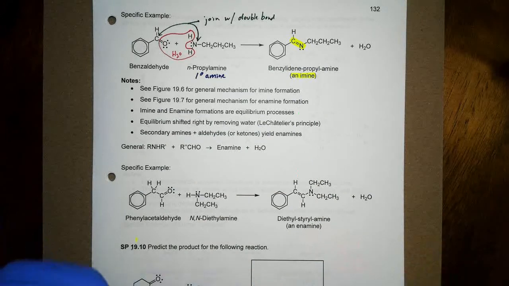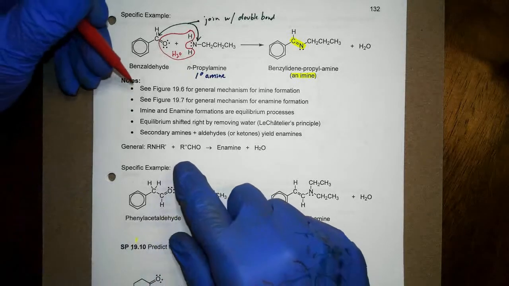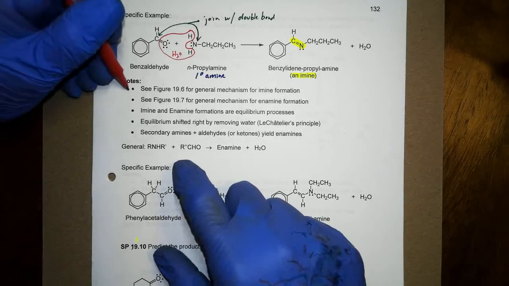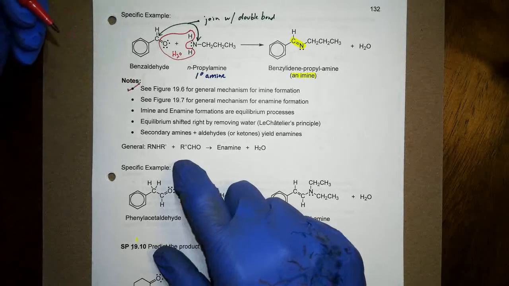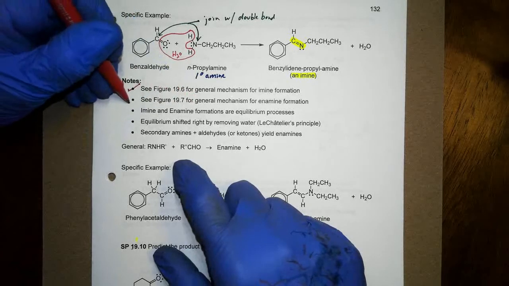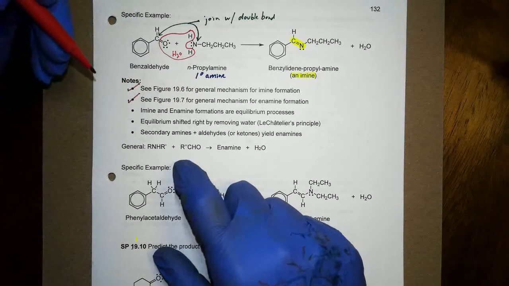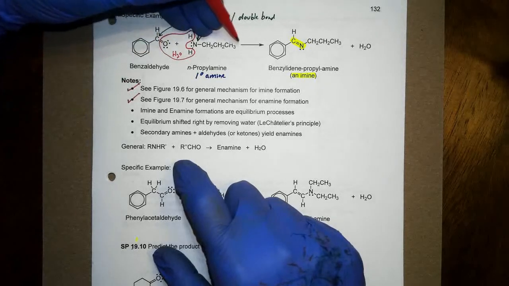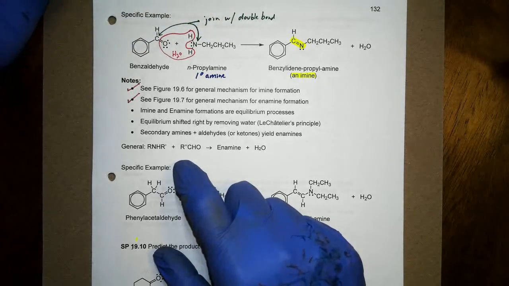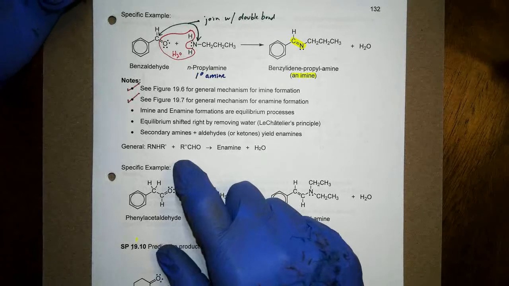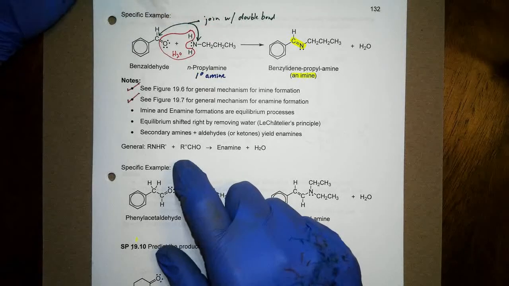Now, there are a number of contingencies associated with imine formation. If you go to McMurry, he shows you a general mechanism for how imines are formed. There are also enamines, and we'll look at that in a moment. But all of these are involved in equilibrium. Generally, you can shift the equilibrium in the laboratory by any number of means.